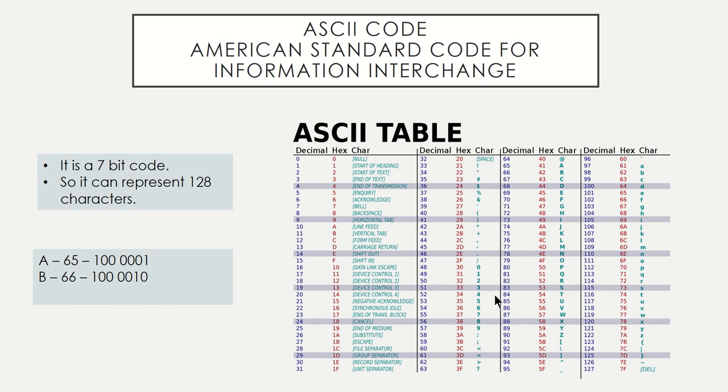The decimal equivalent of the number 0 is 48, and for hash, the decimal equivalent is 35. That 35 should be converted into a binary number, and only then can your computer understand that you have pressed hash. So this is your ASCII representation.